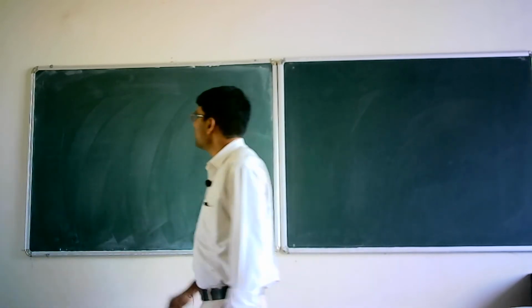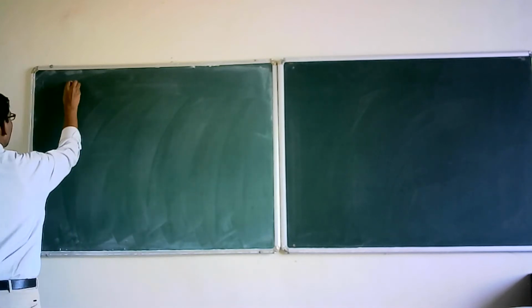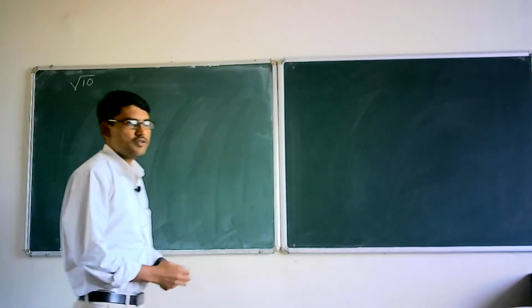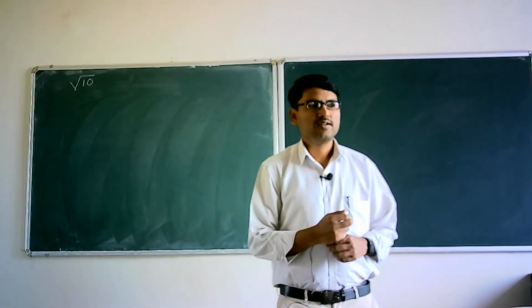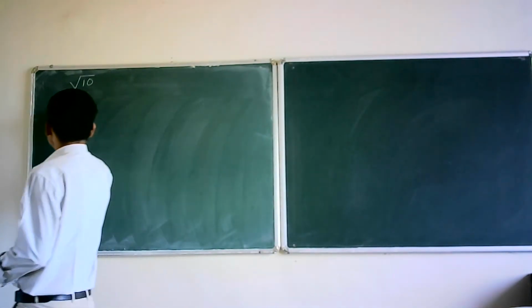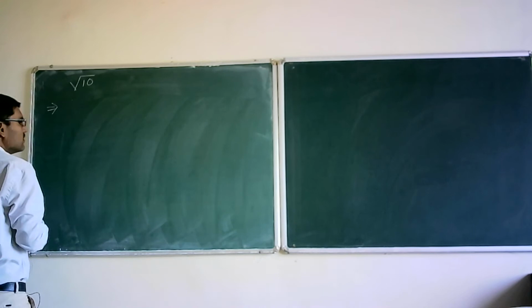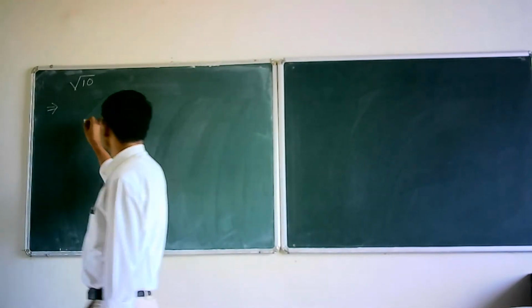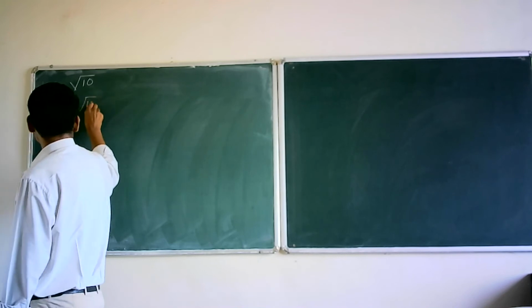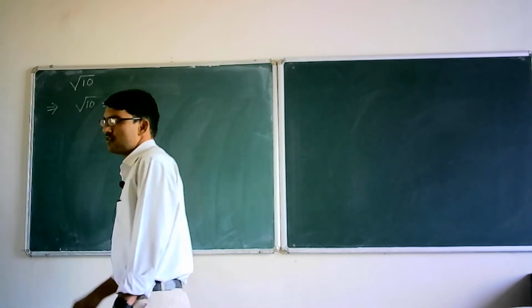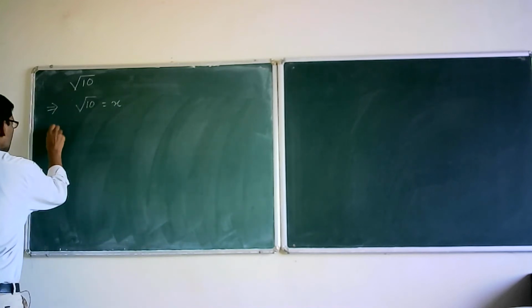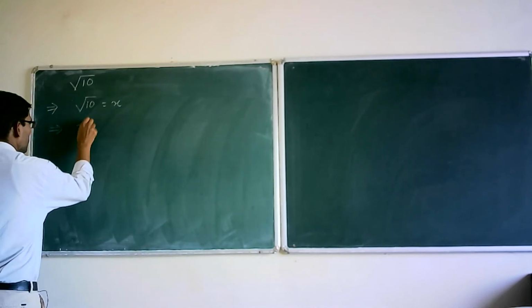So right now, find the square root of 10 by using the Newton-Raphson method. To solve such an example, first we assume the value of the square root of 10 is equal to x. If you square both sides, you will get x square is equal to 10.